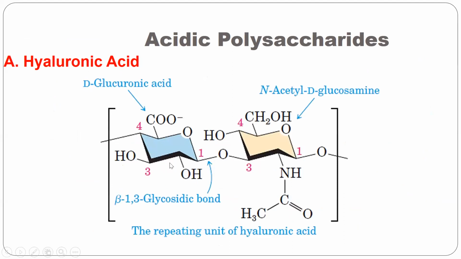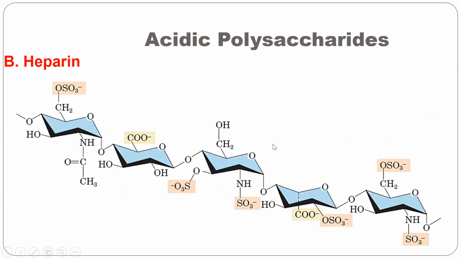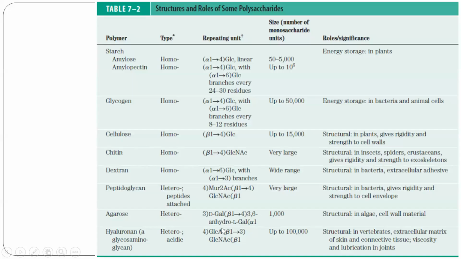You have your glucuronic acid rather and your N-acetylglucosamine. GlcA, so glucuronic acid, and GlcNAc. So this is your glucose but derivatized with N-acetyl. We call this one N-acetylglucosamine.